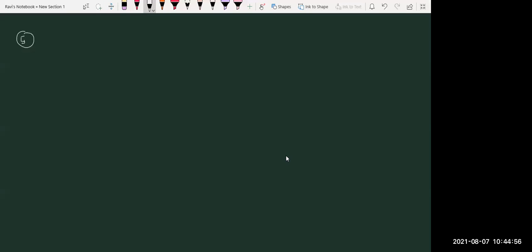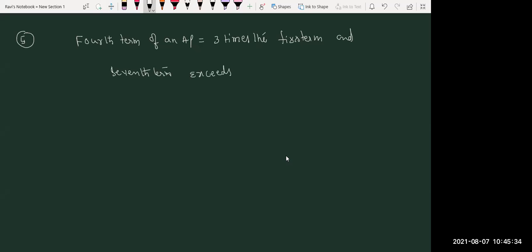See, this is a little important model. All of you write down the question along with me. The fourth term is equal to 3 times the first term, and the seventh term exceeds twice the third term by 1.